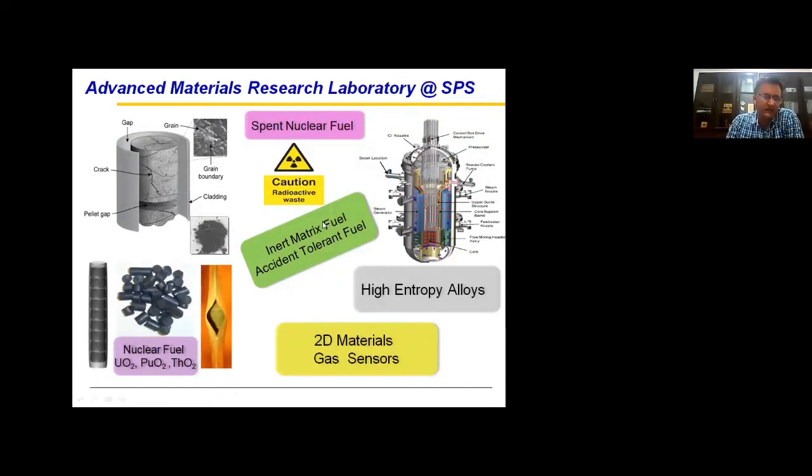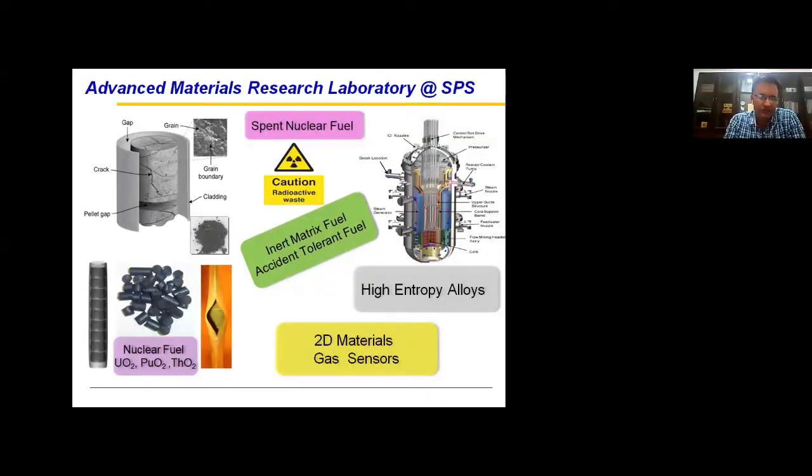Another area we are working on is the development of accident tolerant fuel, which has very good mechanical and thermal properties, so that in case of a nuclear accident the fuel pellet will not disintegrate. Recently we have also started another area, high entropy alloys. In conventional alloys like steel, we add a small amount of impurity such as carbon.